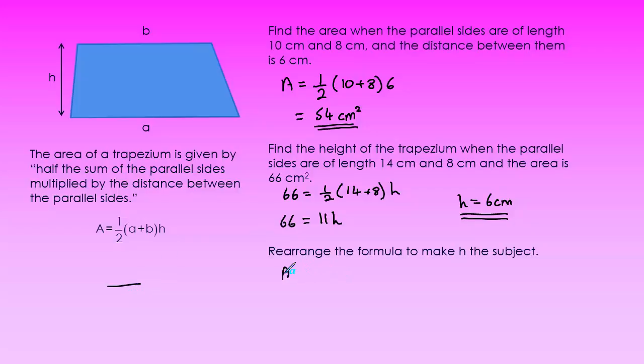So if we start with A is a half, a plus b, h, what I'm saying here is we want h to be the subject. h is multiplying by all of this, so you could go for something like A over half a plus b, but that would have a fraction in the denominator, so that's not the best way to do it. The best way to do it here would be to multiply both sides by 2.